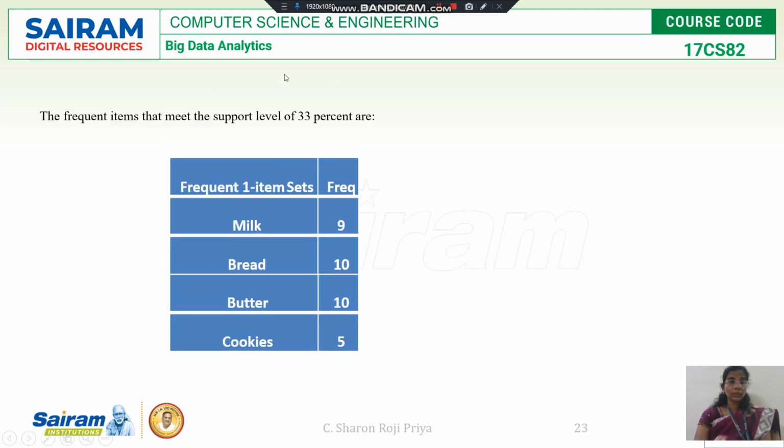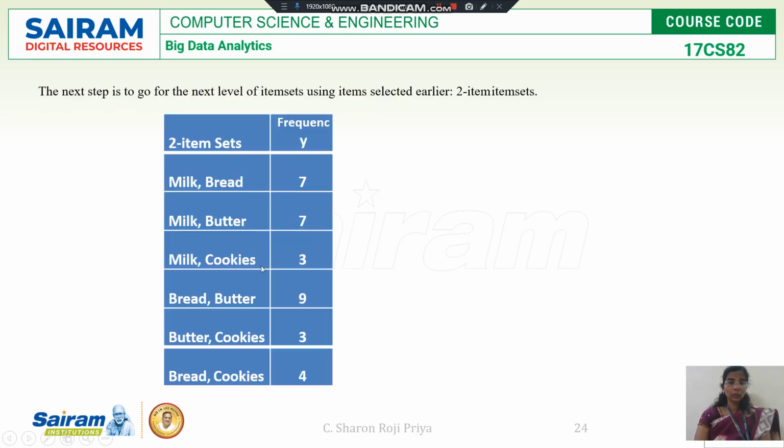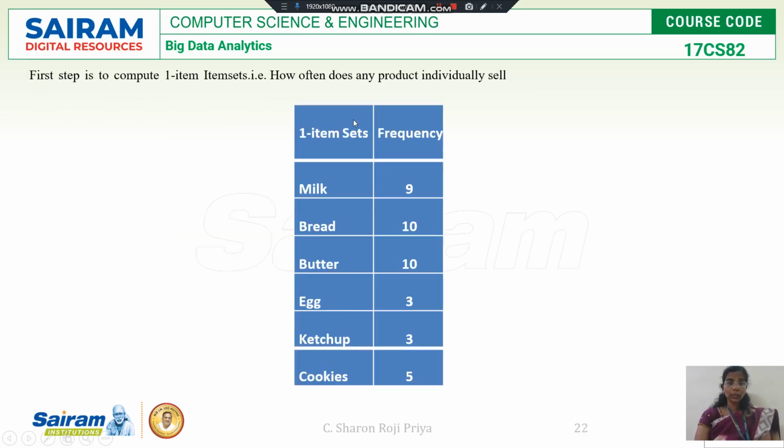I'll get different combinations: milk bread, milk butter, milk cookies, bread butter, bread cookies, and butter cookies. So how to write the frequency? Go to the transactions.